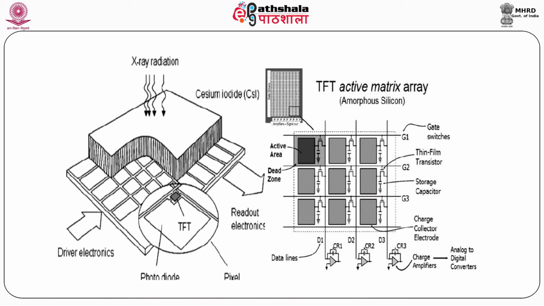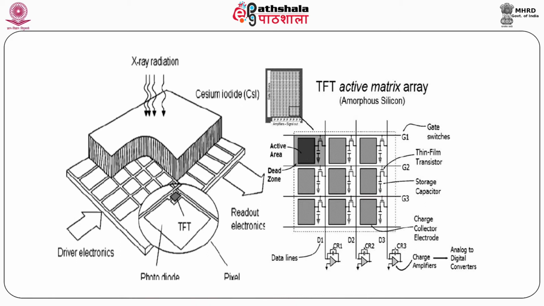As I told you, this is indirect conversion of X-rays to electrical signal. Here first of all X-rays are converted into light, then light is converted into electrical signal. So, it is a two-step process. The electrical signals are recorded by TFT, amorphous silicon photodiode circuitries, and a scintillator is sandwiched at the top layer of the TFT.